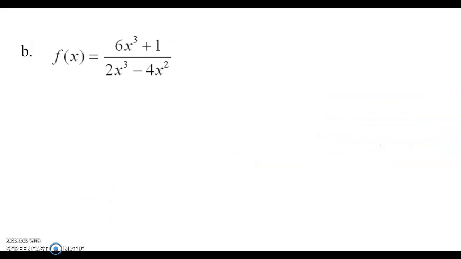Okay, let's look at B quickly. Again, when we're finding vertical asymptotes, we look at the zeros in the denominator, and if you were to factor that, take out the common factor, you would find that there are vertical asymptotes at x equals 0 and x equals 2. Horizontal asymptotes, in this case, we look at the degree, and we see that the degrees are equal.